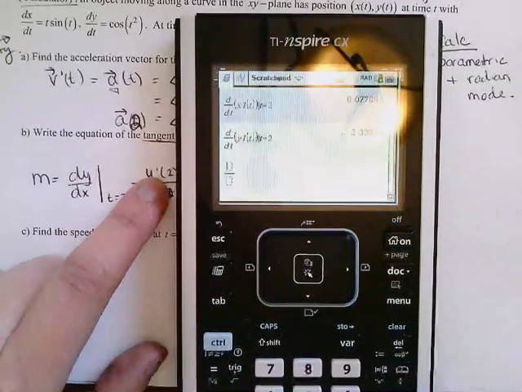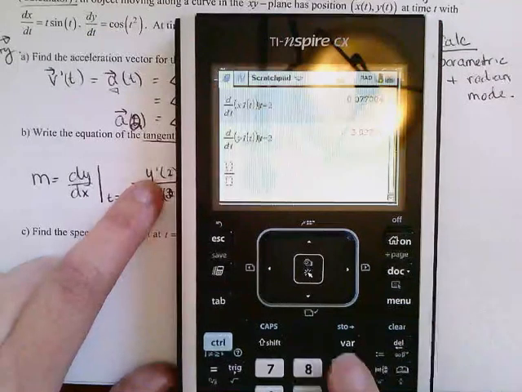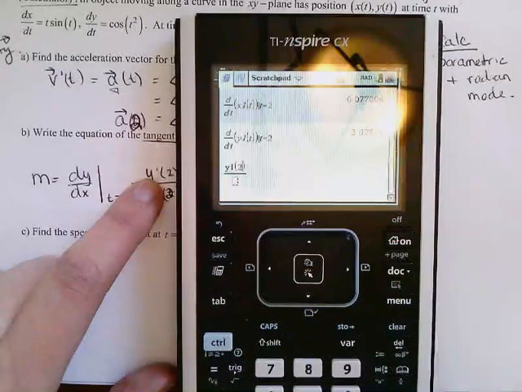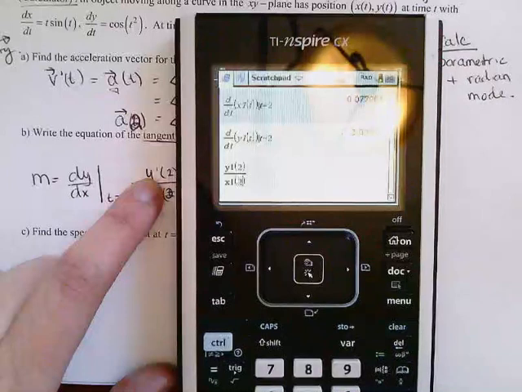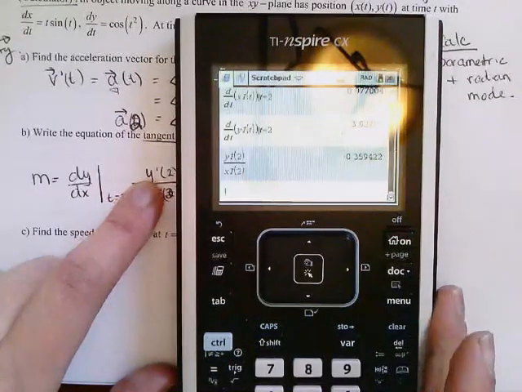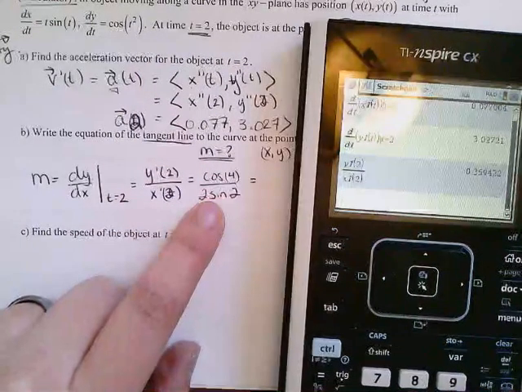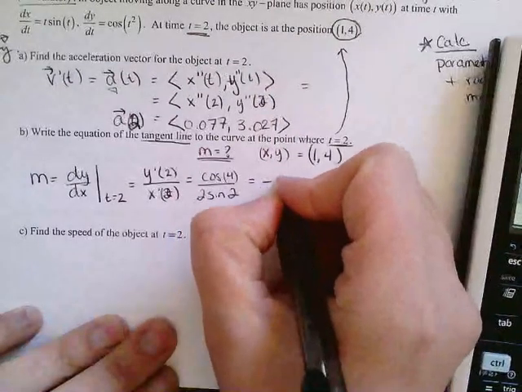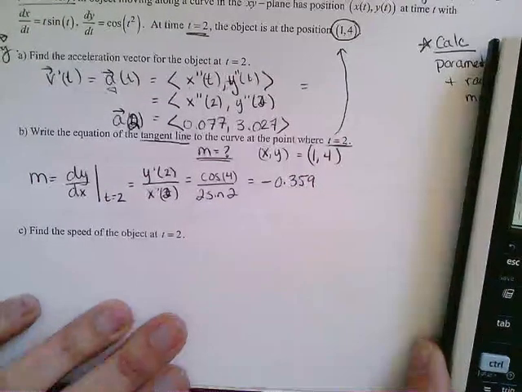So control divide to get my division number. And I'm going to input my vars, my y of 2 over vars of x of 2. Press enter, and you get that answer. And if you plugged in cosine of 4 divided by 2 sine of 2, you're going to get that same exact answer. So this is negative 0.359, and that is my slope.